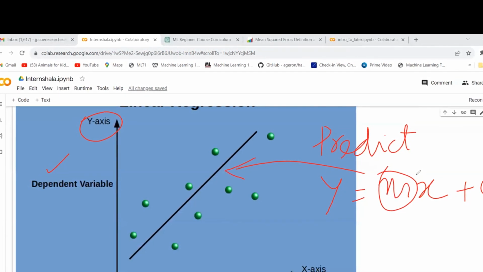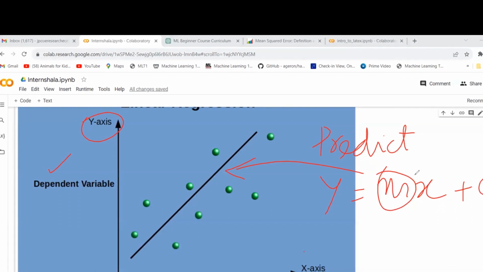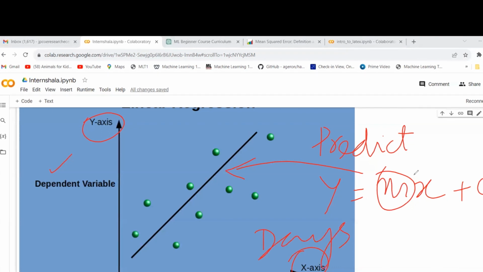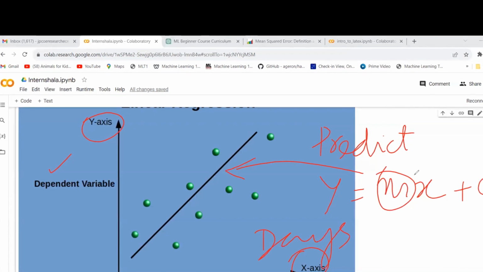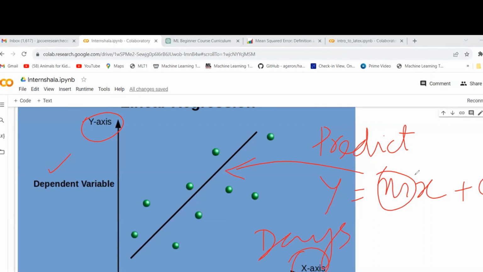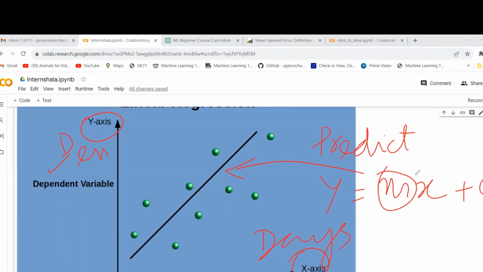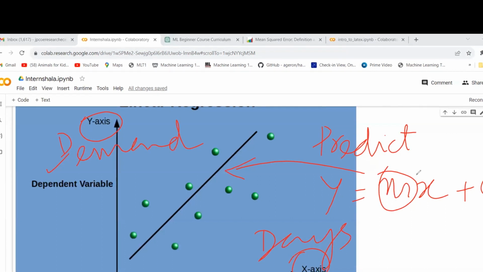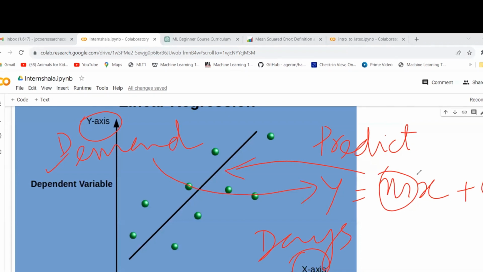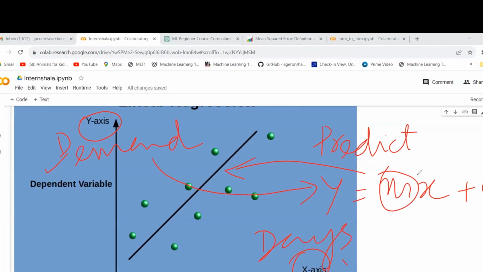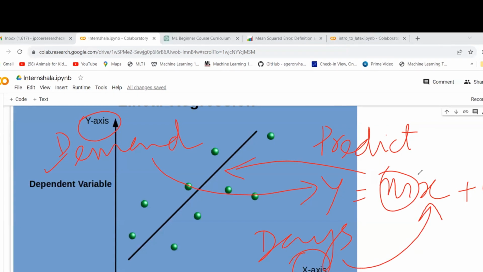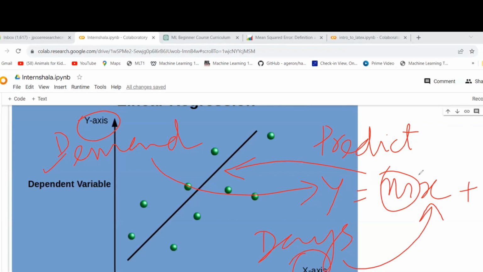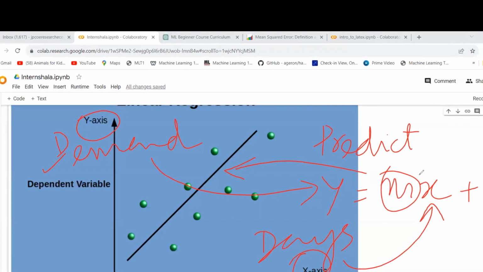So if you take, for an example, the x-axis to be the days and the y-axis to be the demand. The demand can be found by analyzing the number of days and how each day behaves in a chronological order.